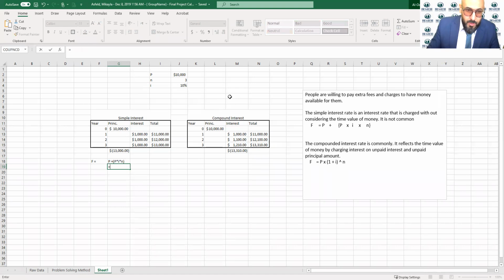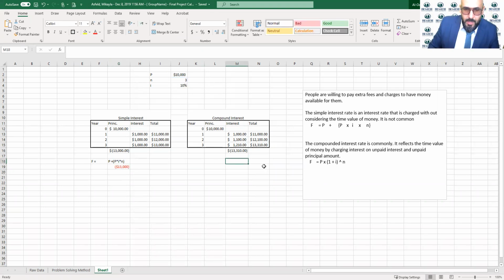That would be the 10,000 times, in parentheses, 1 plus I, the 10%, times the 3 years, and that will give you the same answer, 13,000. And because we're going to pay this amount back, that should be a negative. So we put a negative sign before it, which means we have to pay this amount back.